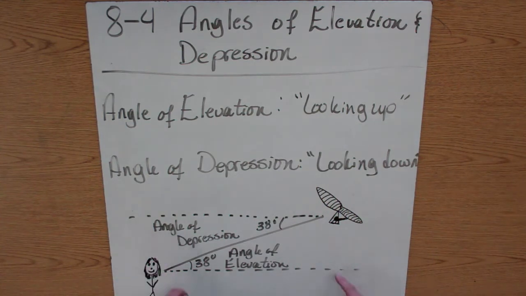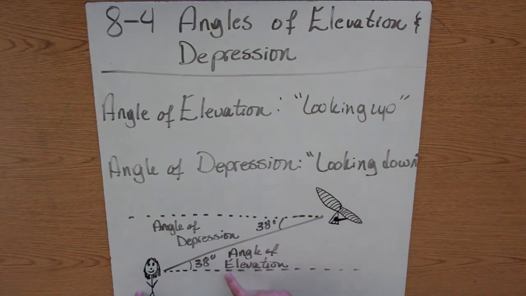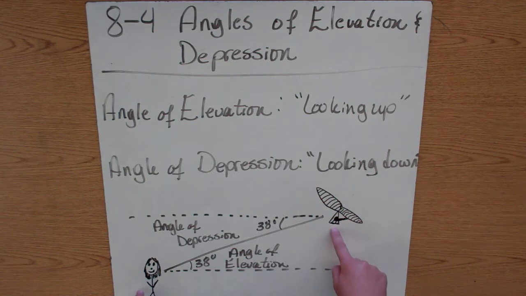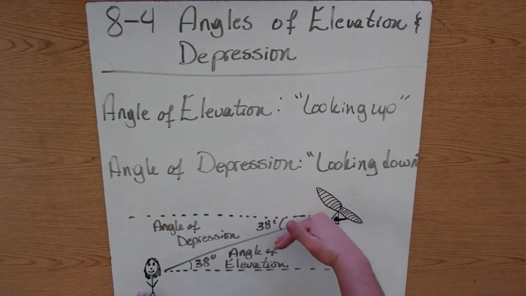Now the hang glider looking down at the person. I will say she, looks like they have long hair. If she's looking up at him at 38 degrees above horizontal, he would be looking down at her at 38 degrees below horizontal.